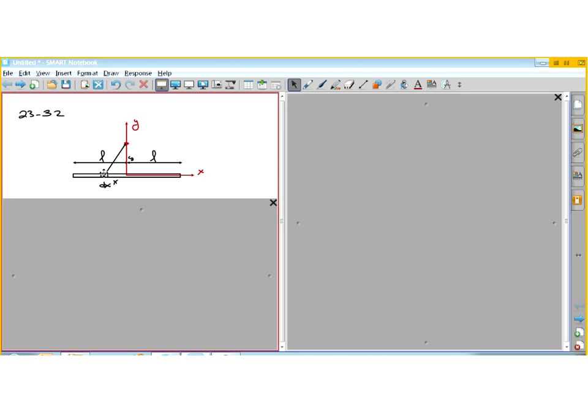We look at this differential element on the rod, and it has a charge dq, and dq is equal to the total charge, Q, divided by 2L times dx.